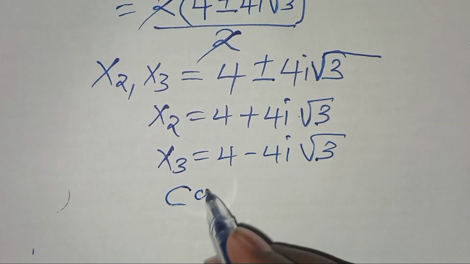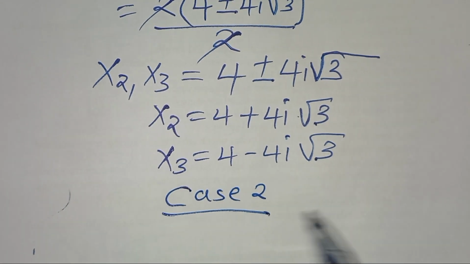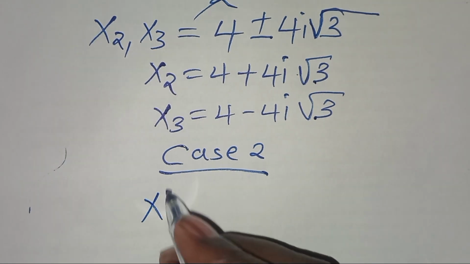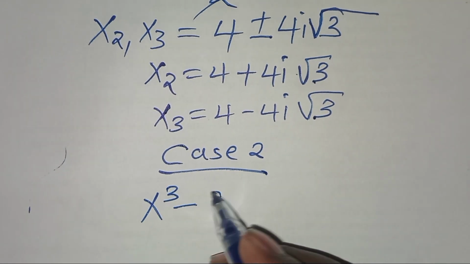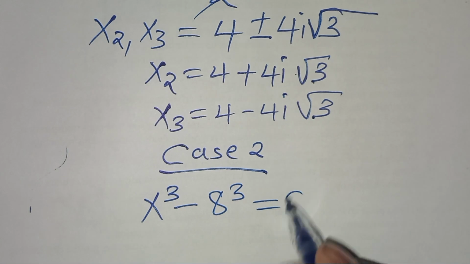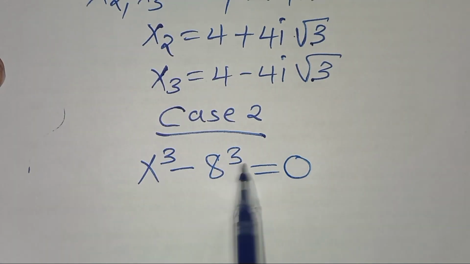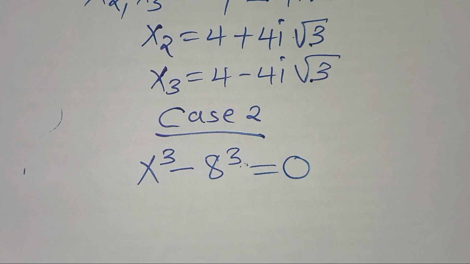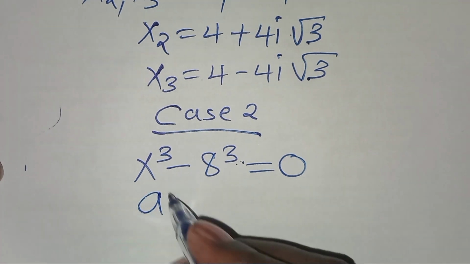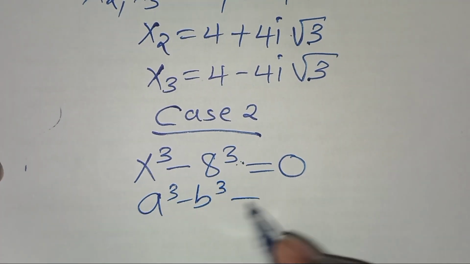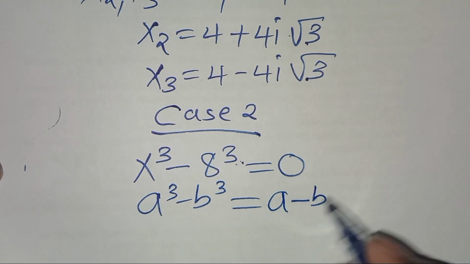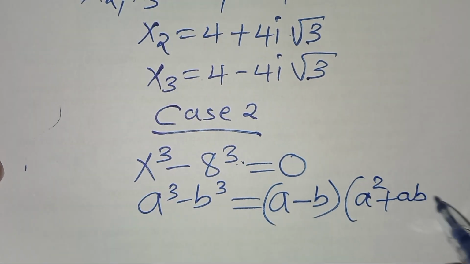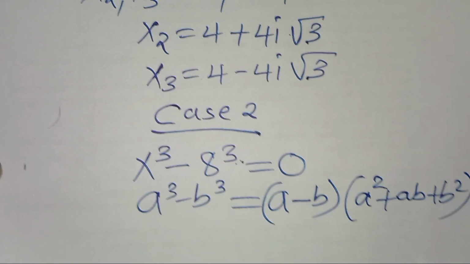Let's solve case 2. Now, for case 2 here, we have x to the power 3, subtract 8 to the power 3, equal to 0. Now, this is the difference of two cubes expressed as a cubed minus b cubed, which you can express as a minus b, a squared plus ab plus b squared.